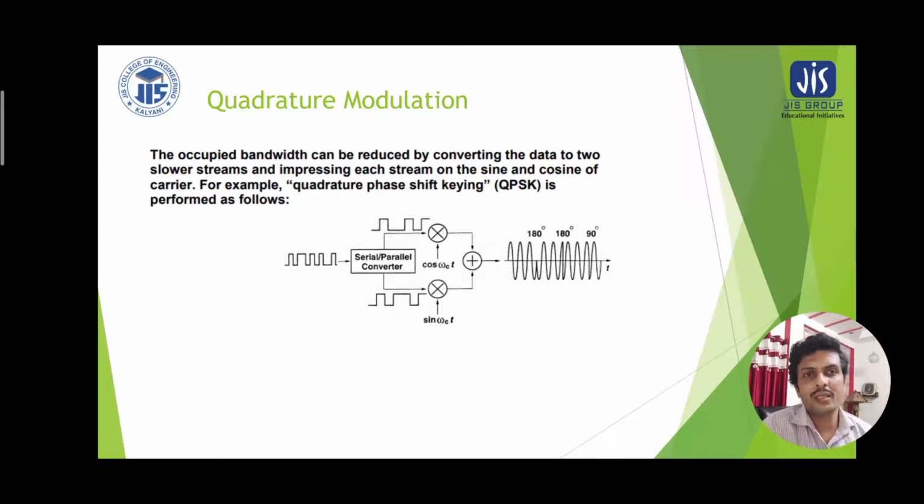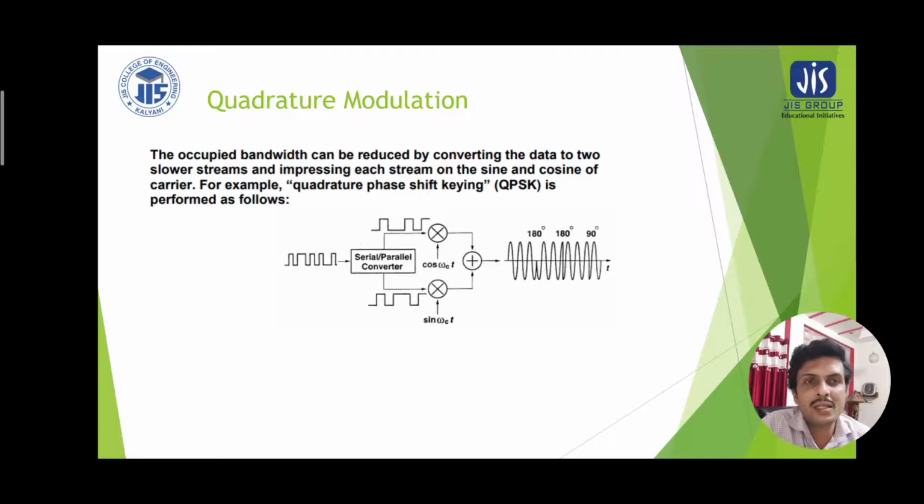Now the rectangular pulse train is applied to the serial to parallel converter, which segregates the even bits and the odd bits in 2 parallel paths. The even bits travel towards the top multiplier, which is fed with cosine omega ct, and the odd bits are applied to the bottom multiplier where another carrier, sine omega ct, is used.